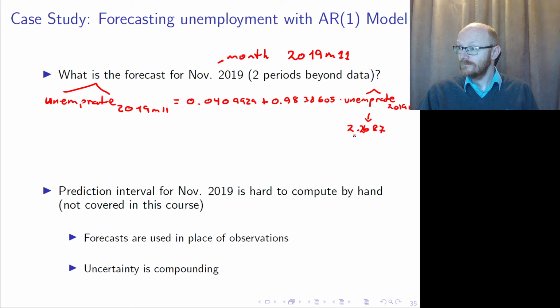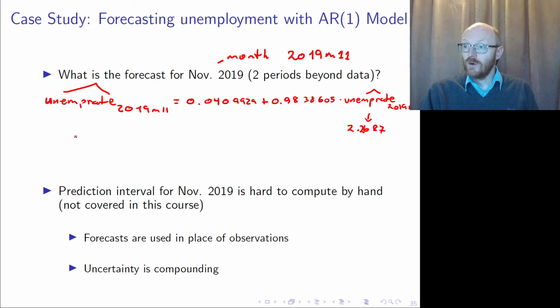You can just reiterate your model and create a forecast for as long into the future as you want.